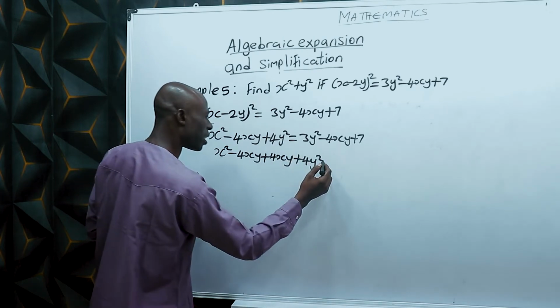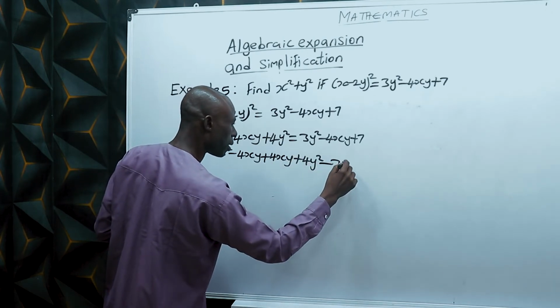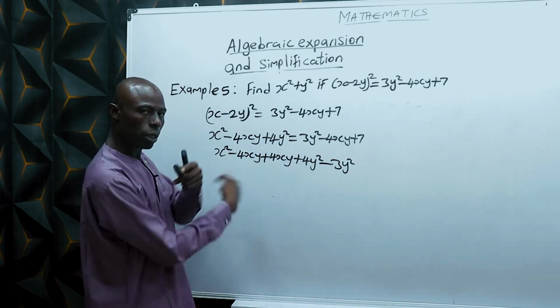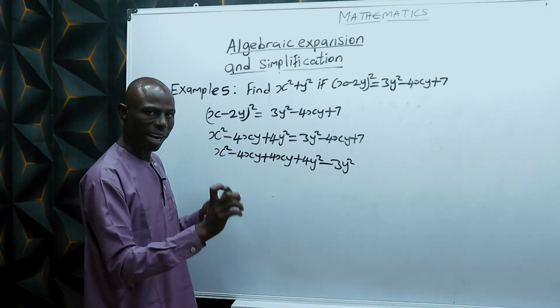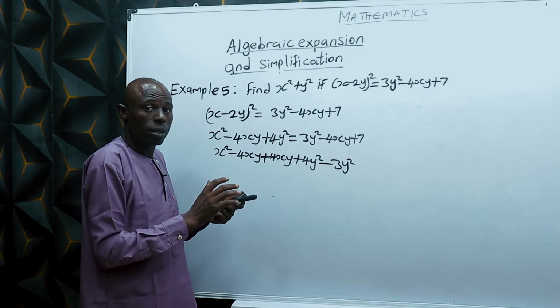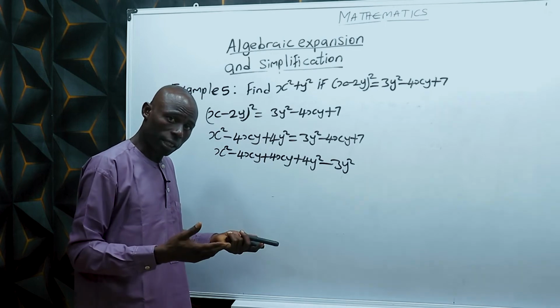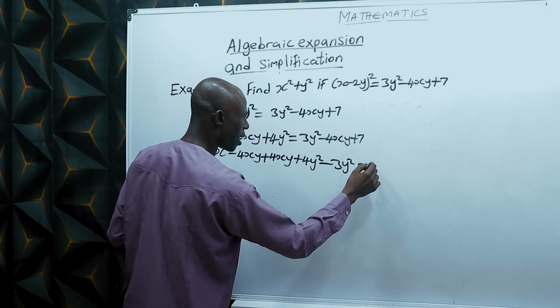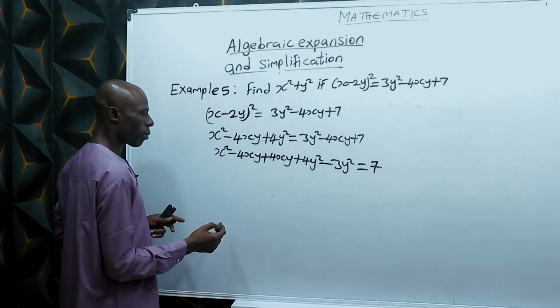Bring it to this side and it becomes negative 3y squared. Don't forget, when you take an item across the equal sign, it changes arithmetic sign from positive to negative, negative to positive. And we have left on the other side only 7.